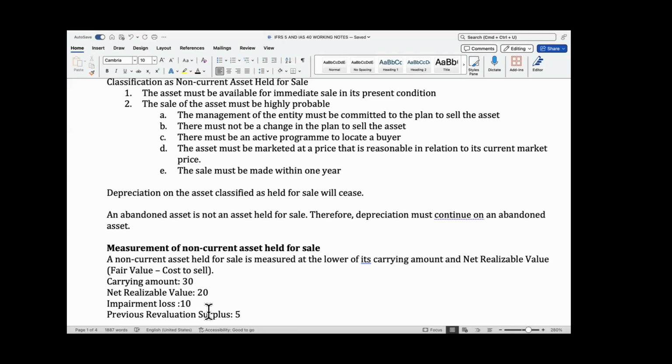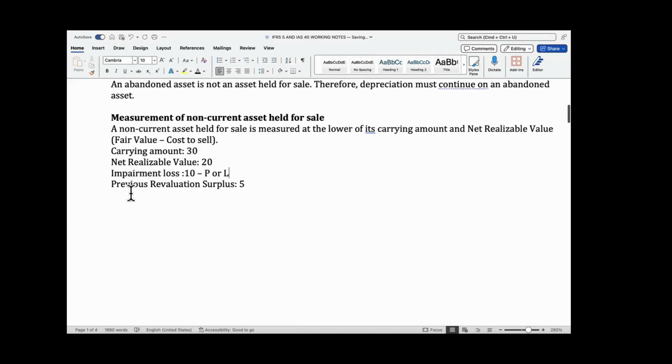You know that ordinarily, when you have impairment loss, you recognize it as an expense to P&L. But if there is a previous revaluation surplus on the same asset, then you cannot entirely transfer this 10 to P&L.